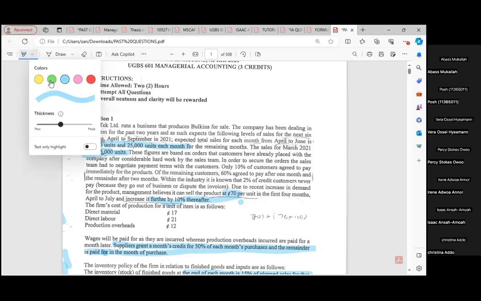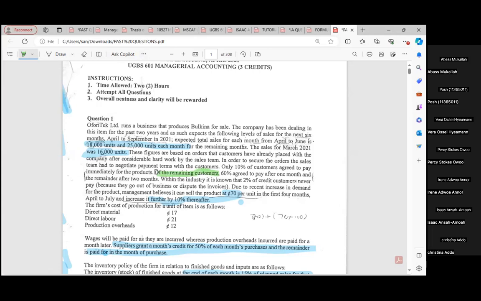The remaining is not 90; we are treating it as 100 now. This is where Percy is saying we should highlight. So it's no longer referring to the total sales, it's referring to the balance. Yes, we are talking about the credit sales, the balance. The credit sales is 100.